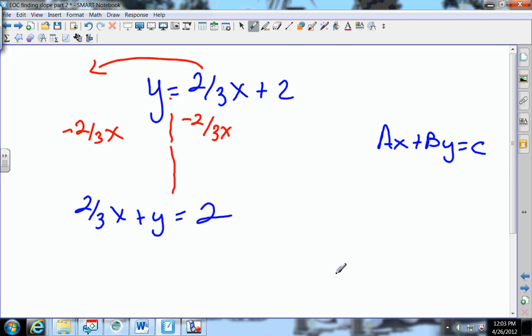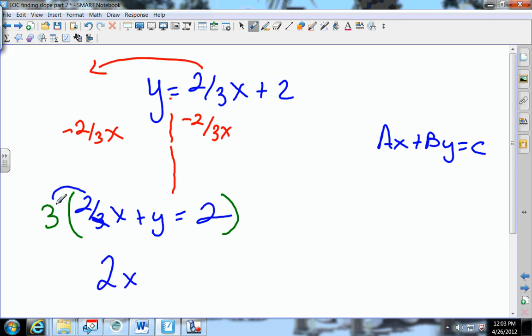So now I get 2/3 x plus y equals 2. That's great, but technically it's not totally in standard form. We need to do another thing. See how there's a fraction right here? I need to get rid of this 3. So I'm going to multiply the entire equation by 3. By doing this, 3 times 2/3 crosses out and I get 2x.